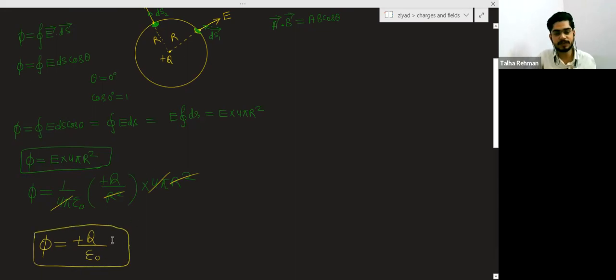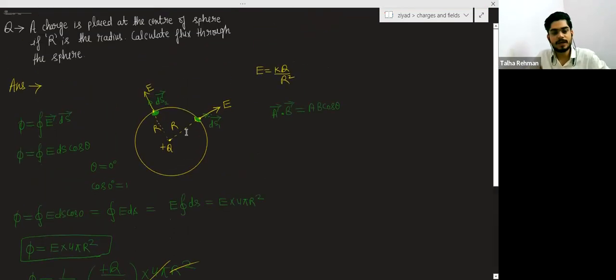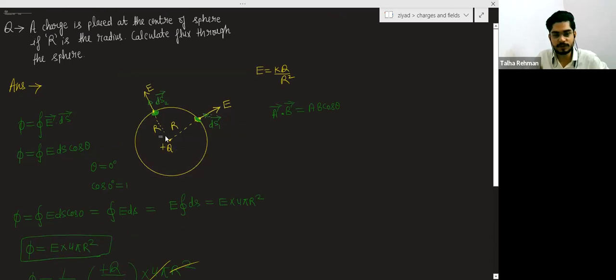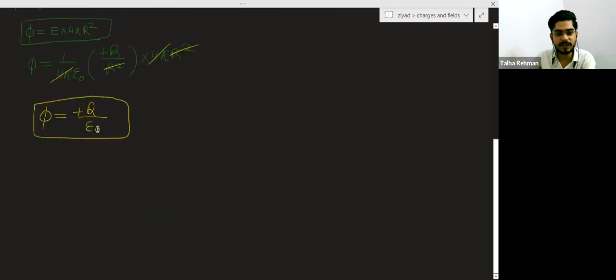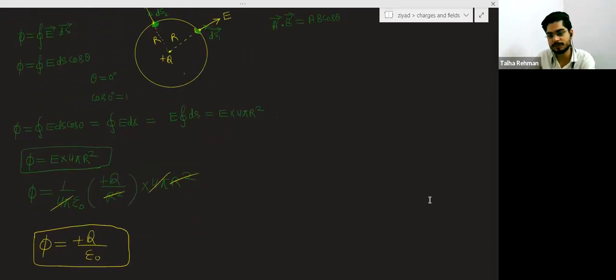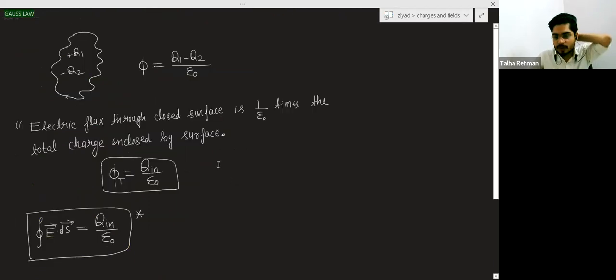I had not calculated the whole thing in the last class, so now I have calculated it. So you can say that if a closed surface, here the sphere, encloses a charge plus q, then the total electric flux is the charge enclosed divided by epsilon naught, and this is our Gauss law.